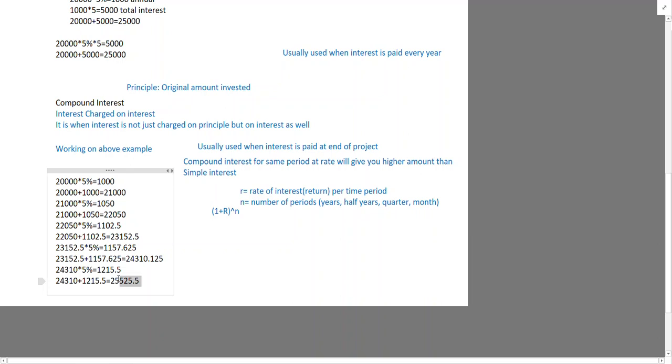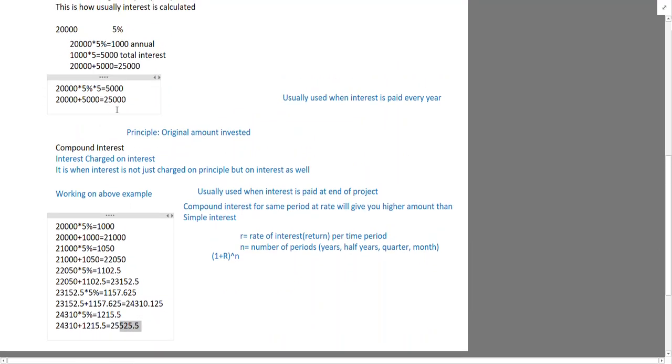It is 525 more than the simple interest. So compound interest is interest rolled into the principal amount, and then next year's interest will be charged on that.